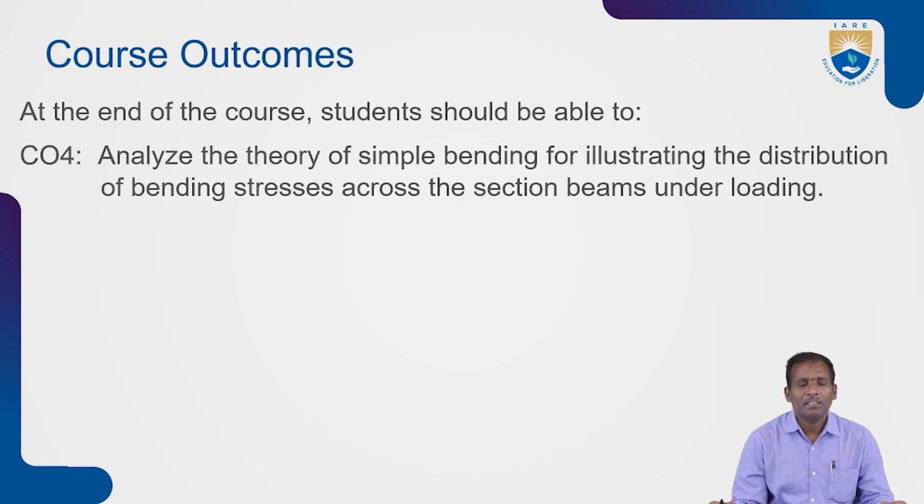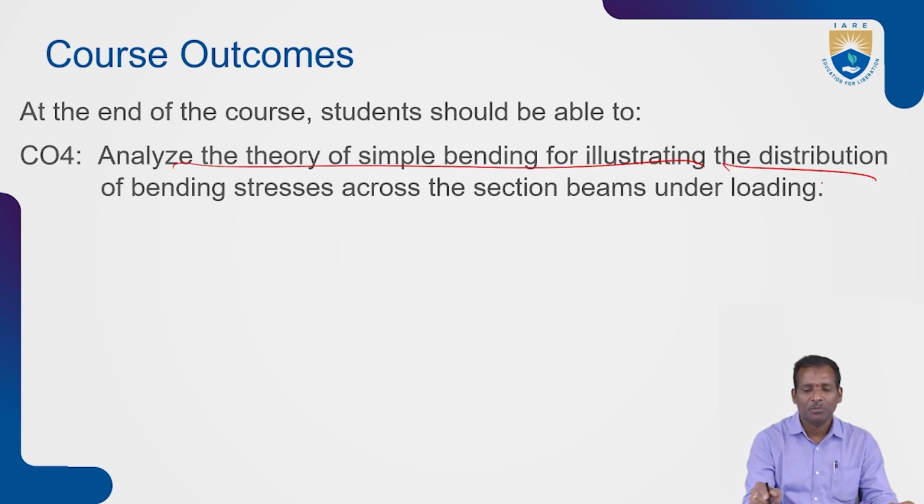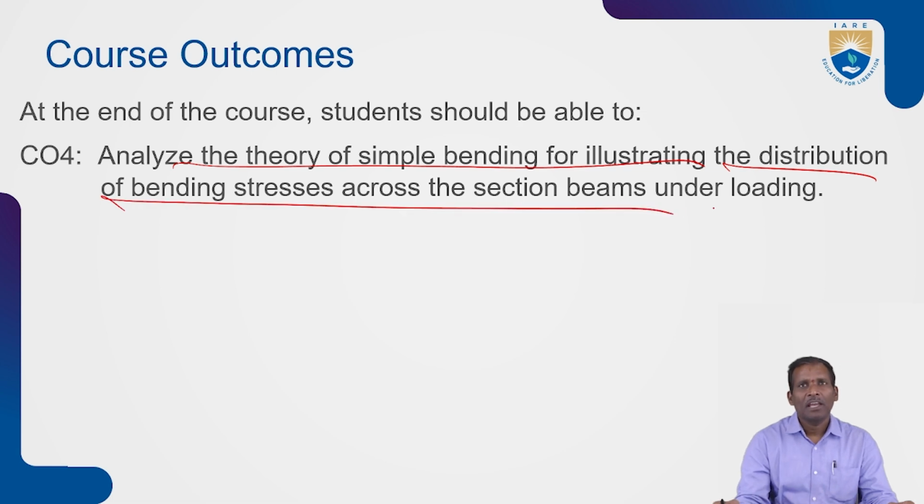We have already covered the theory part and derived the bending equation in the simple pure bending topic. After completion of this topic, the student should be able to analyze the theory of simple bending for illustrating the distribution of bending stresses across the section of beams under loading.